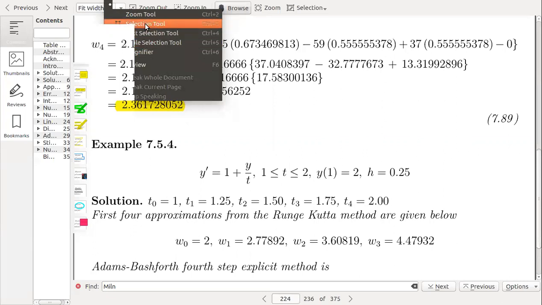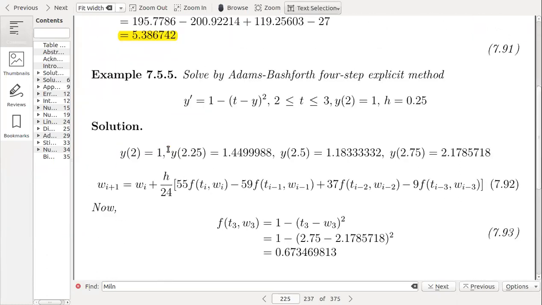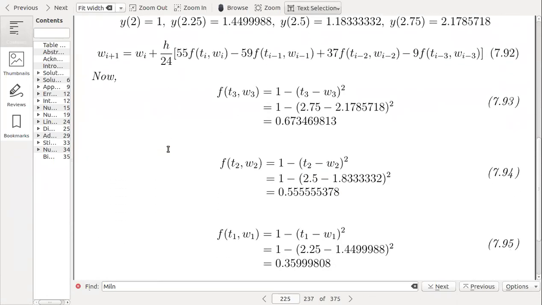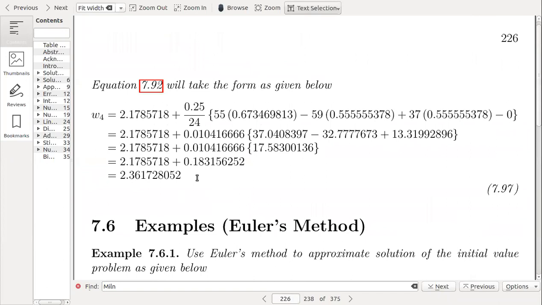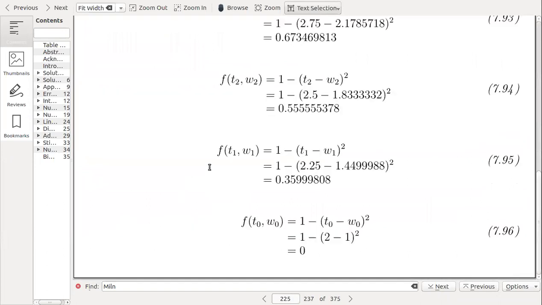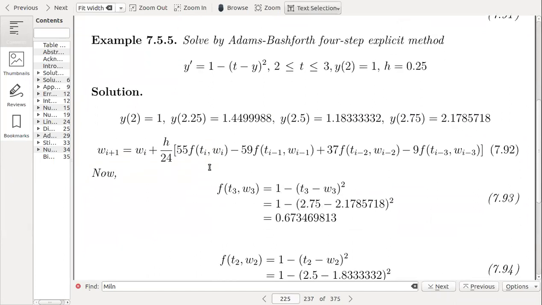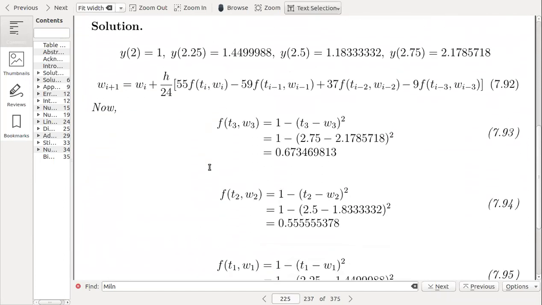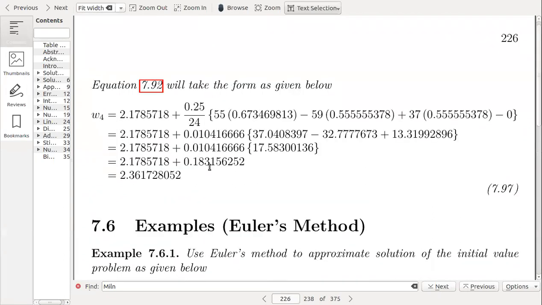We can verify this answer with this example. It is solved in a different way, just to explain in detail. So this example is the same, but solved in a different way, just to explain it in a good way.